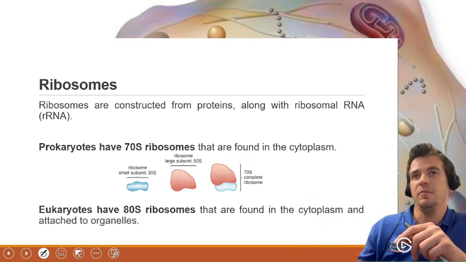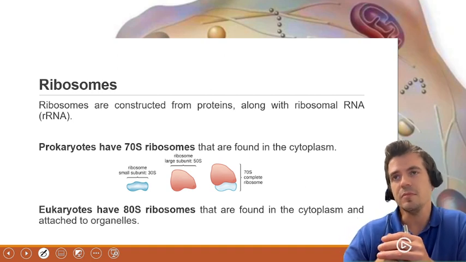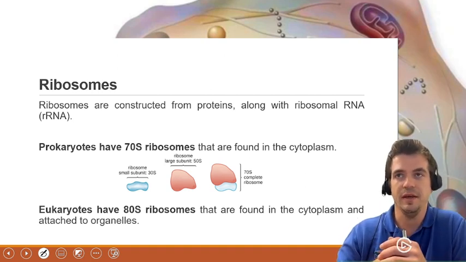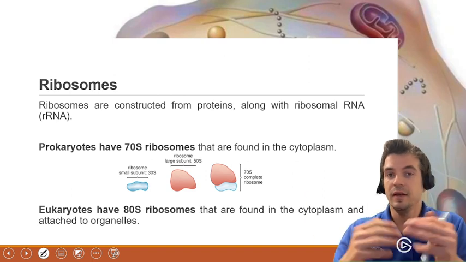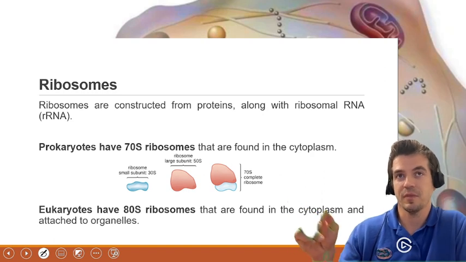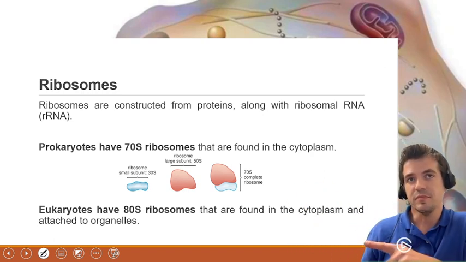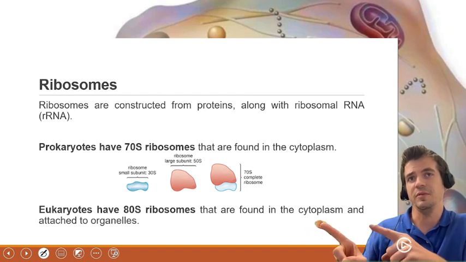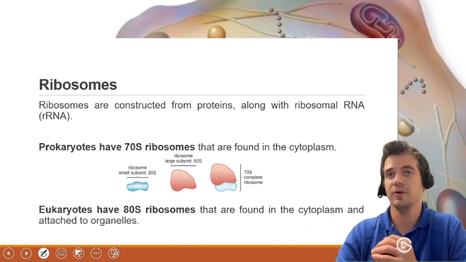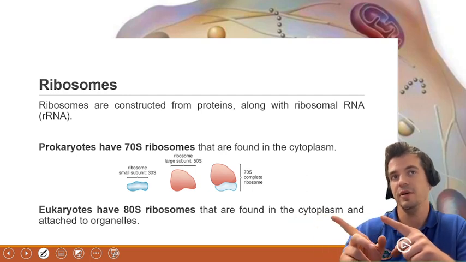In the prokaryote, you have a 70S ribosome, and in the eukaryotes, you have an 80S ribosome. Why is that useful knowledge? Well, it means that we can attack the genes that create a 70S ribosome versus an 80S ribosome, and we can probably leave our infected host unaffected by our drug, by our treatment.